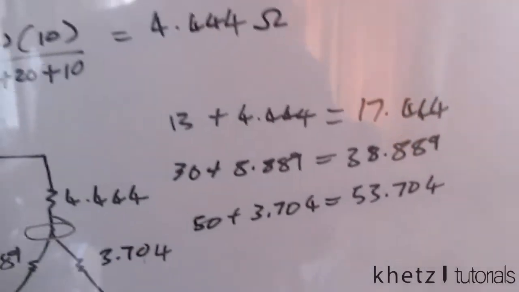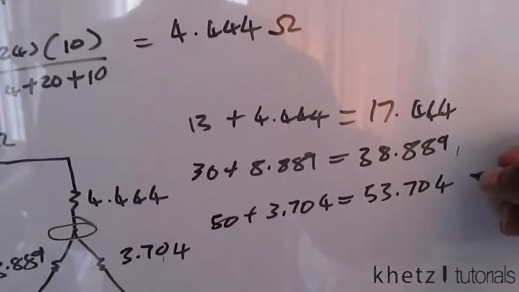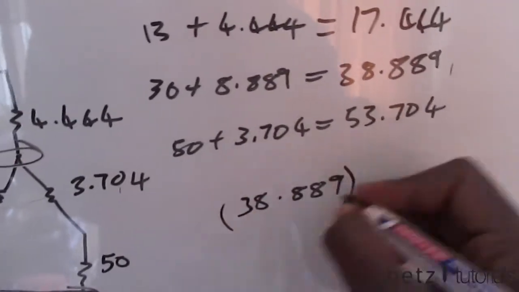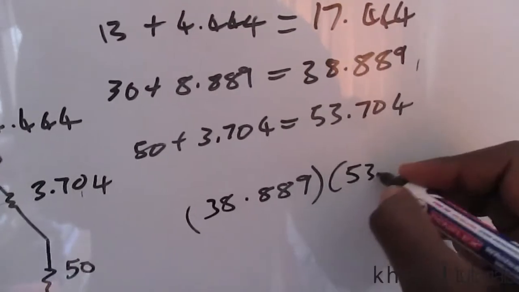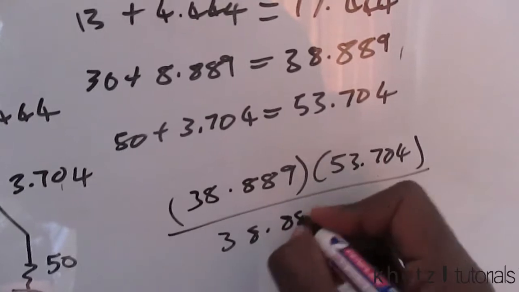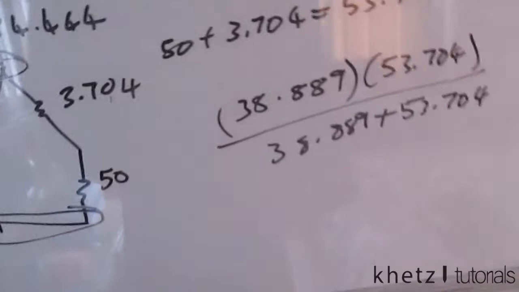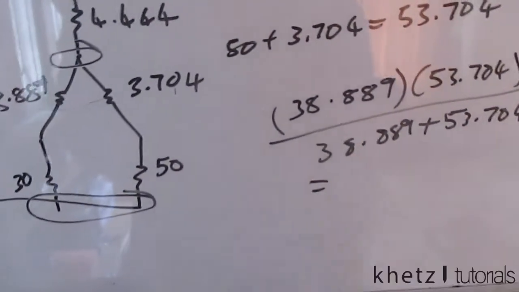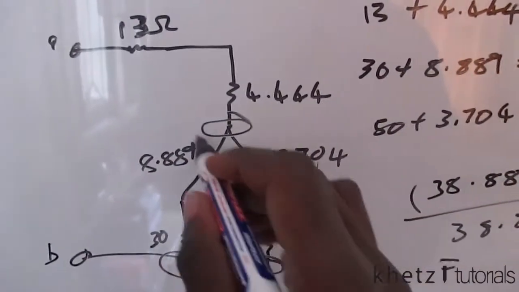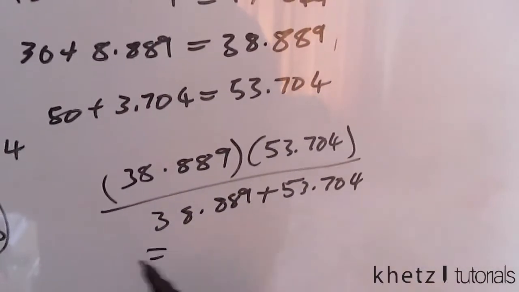These are the results, and these two results are in parallel. So we say 38.889 multiplied by 53.704 divided by 38.889 plus 53.704. That's the parallel connection of these two sections, which is why we're doing all of this.